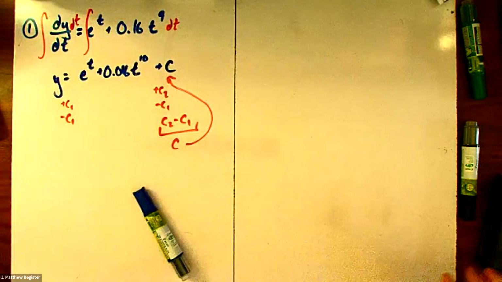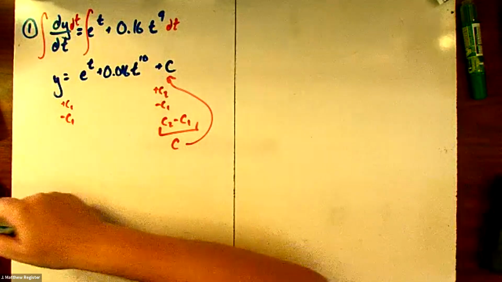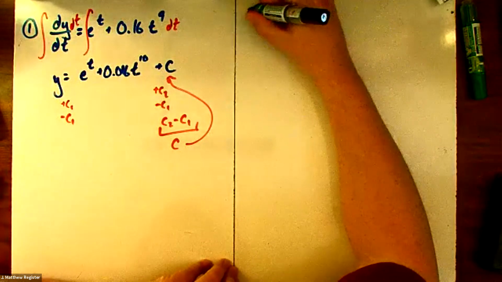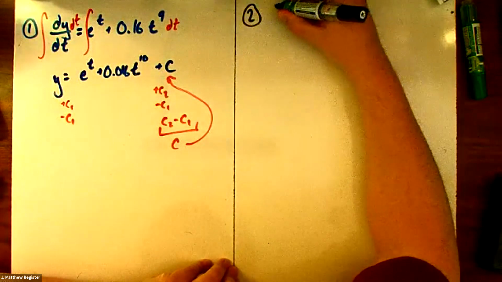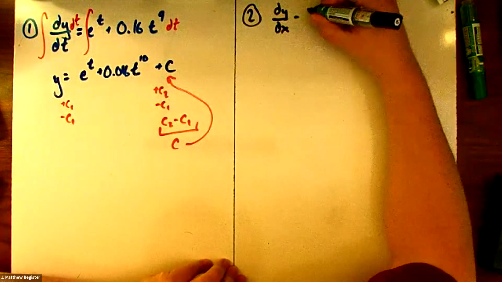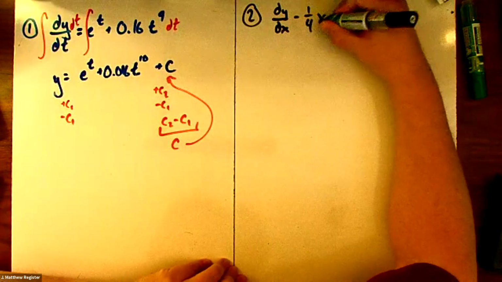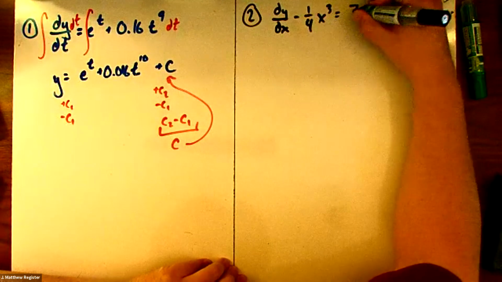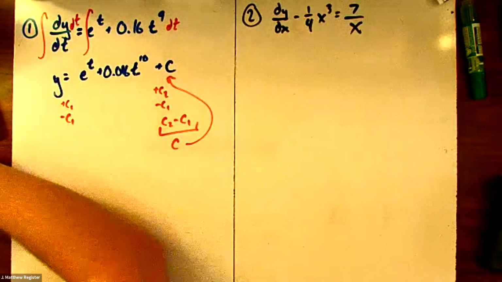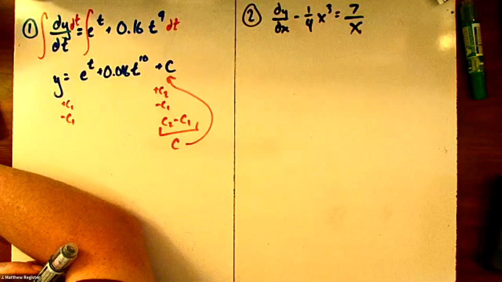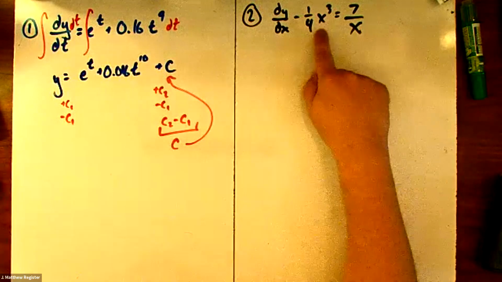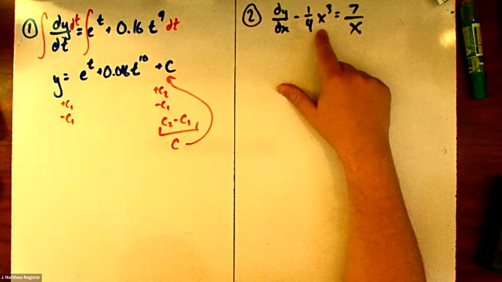Let me write up the second one that we have, and then we'll skip 3 and 4 because they're kind of silly. 2: dy/dx minus 1/4 x cubed equals 7 over x. Now this one's not dealing with time because it's dealing with x, which typically represents a spatial component.